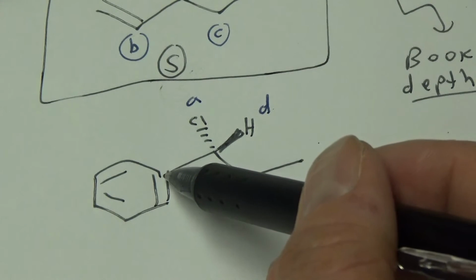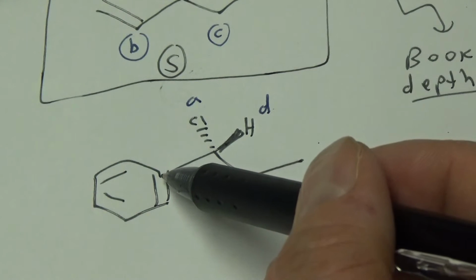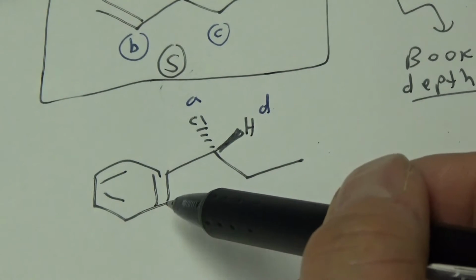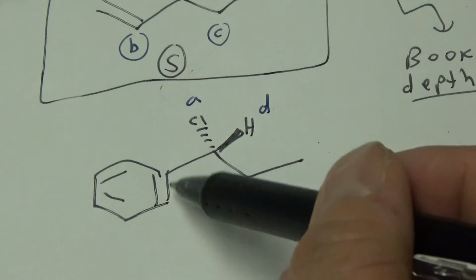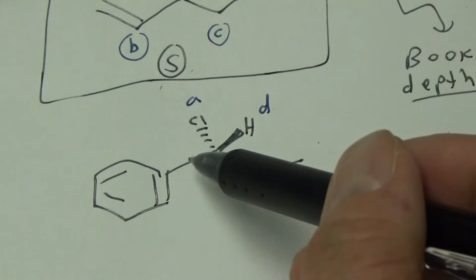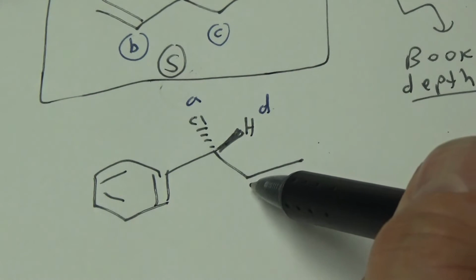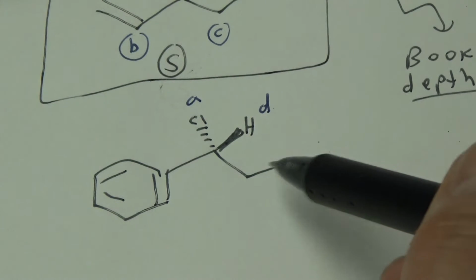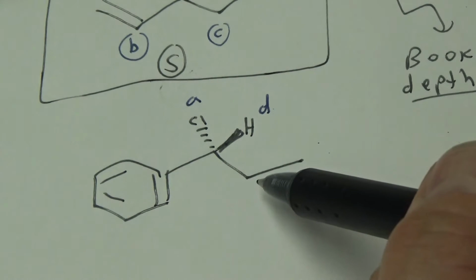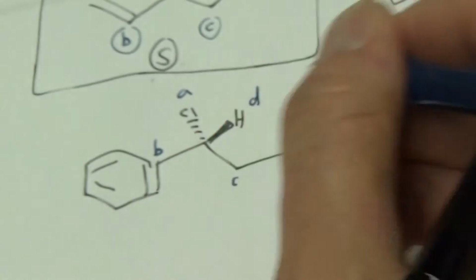So in terms of the rules, it's connected to 3 carbons: 1, 2, 3, because the double bond counts as an extra one. I'm not counting the carbon in the back. And of course this carbon is connected to 1 outward carbon, right? So 3 outward carbons, 1 outward carbon. So clearly it's going to be B and C.